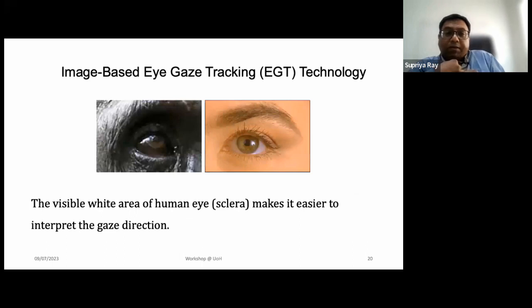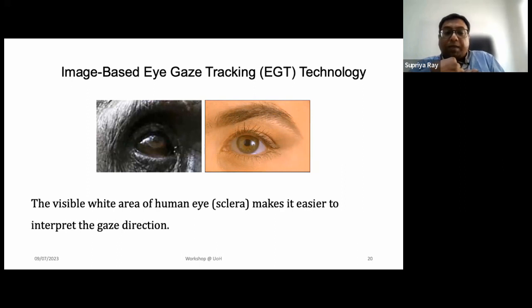Now, in modern days, the kind of technique that we use to track gaze position is image based, or video based, you can think of. Now, the advantage of the human eye is that the colored iris is placed on a white sclera. So there is a visible white area which we call sclera.